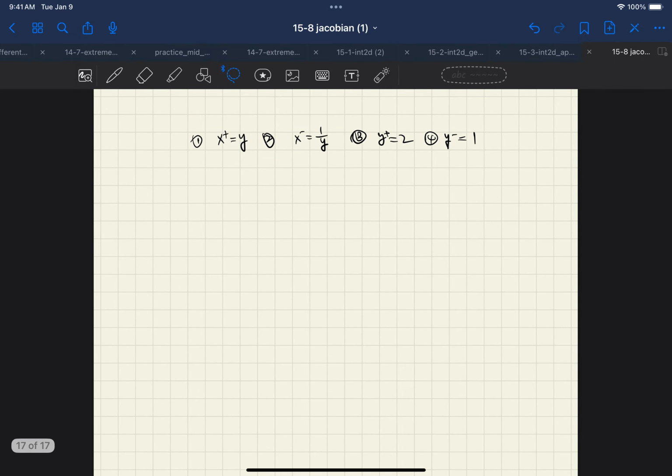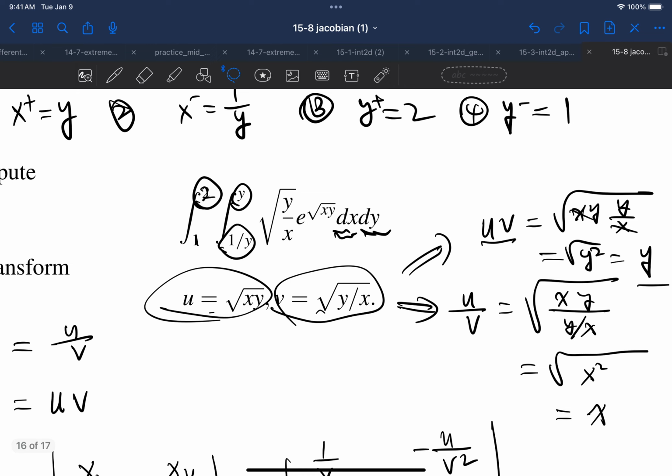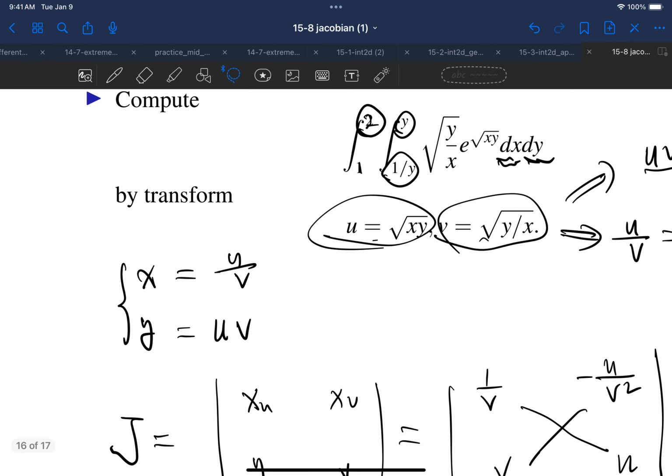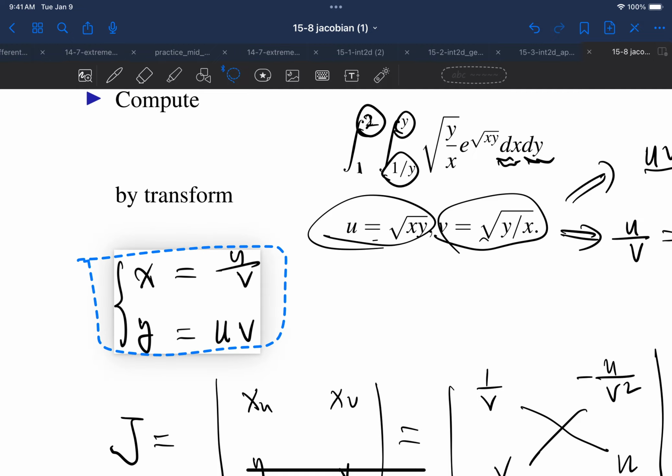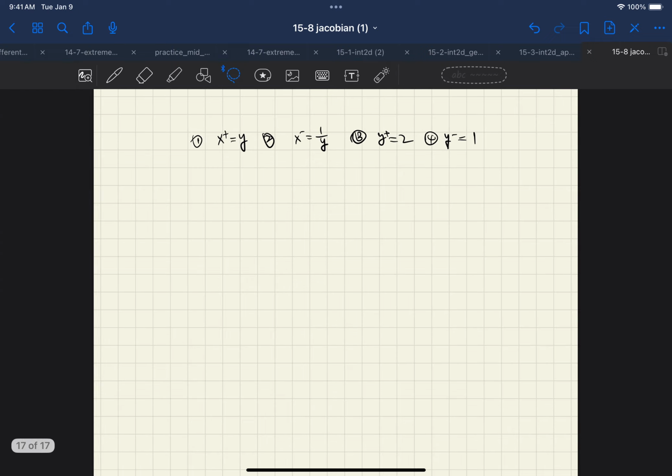We need to go through the transformation, which is given by this formula. So here is the substitution rule we're going to use.